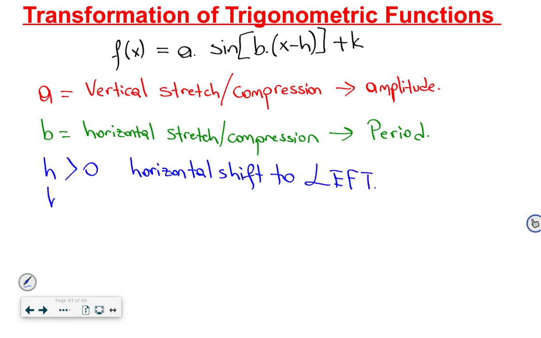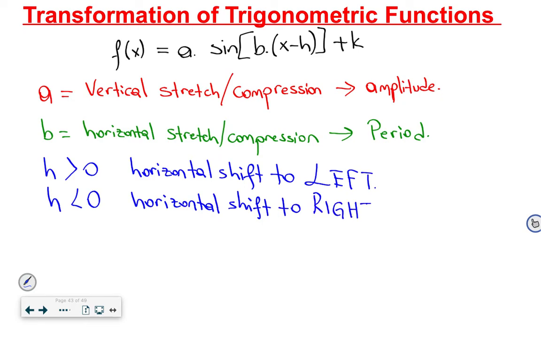If h is less than 0, then this is going to be a horizontal shift as well, to the right. On the other hand, we can also call horizontal shift phase shift.